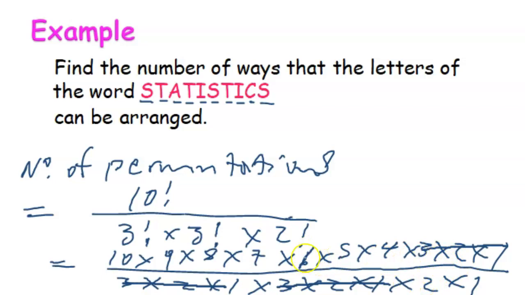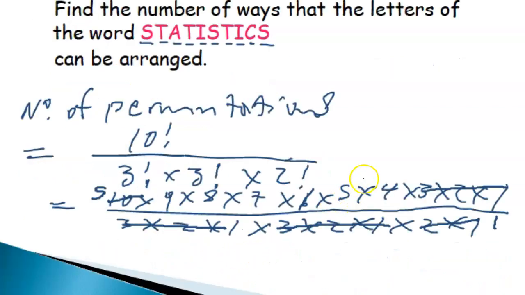And so let's calculate the rest of the numerator. Here 2 times 1, that's 2, divided into 10, so that's over 5. So your solution would be 5 times 9 times 8 times 7 times 5 times 4, which would leave us with 50,400.